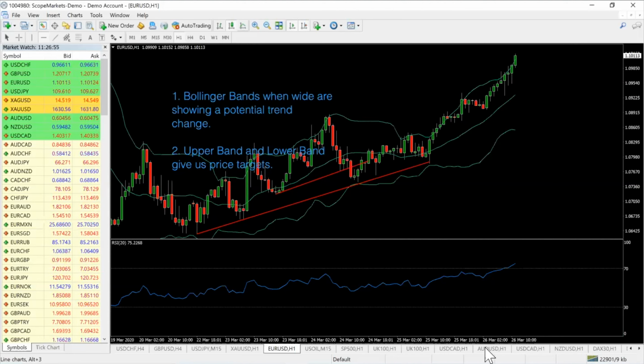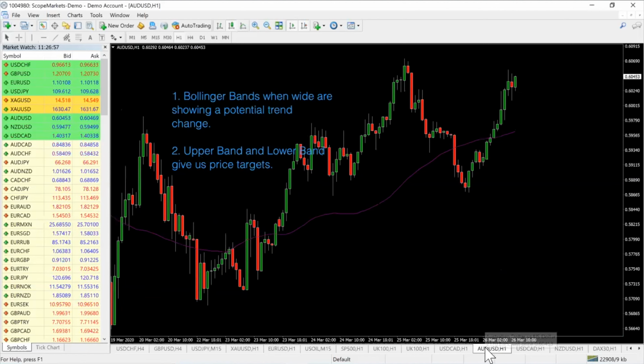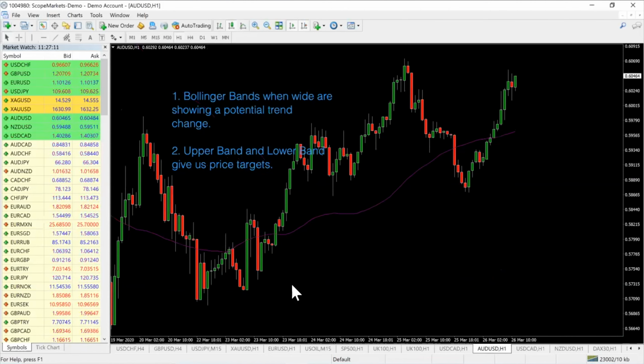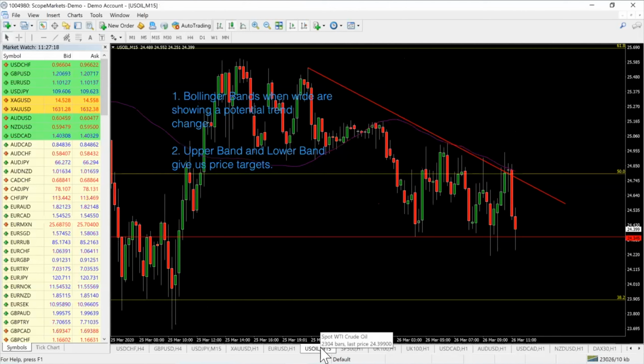So let's look for something that isn't trending. And on the hourly chart of Aussie, we have a market that isn't necessarily trending. We also have one in the oil price. If I can find oil, there it is. US oil markets. You can see a similar situation here.